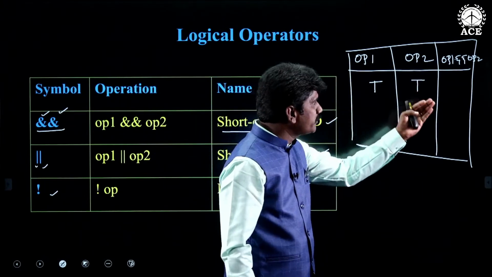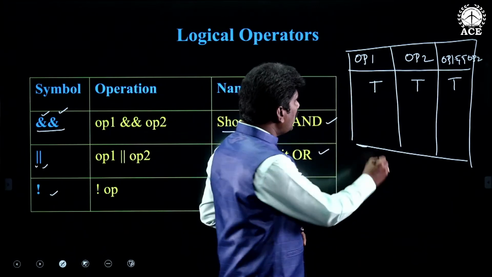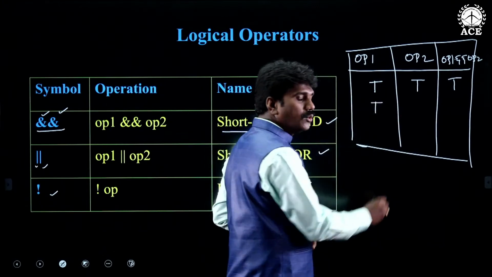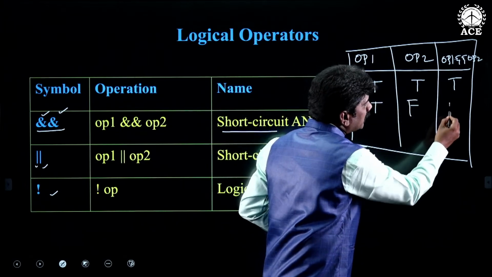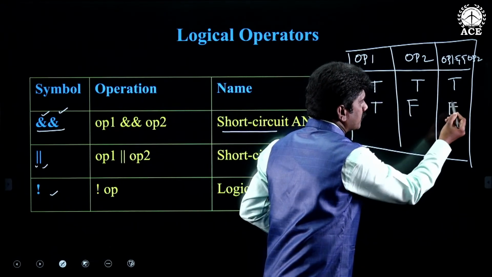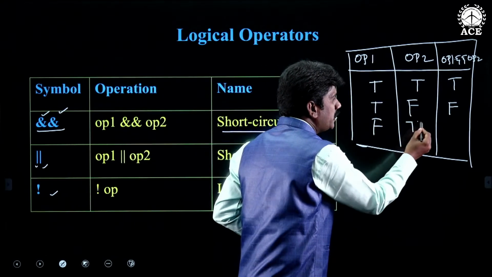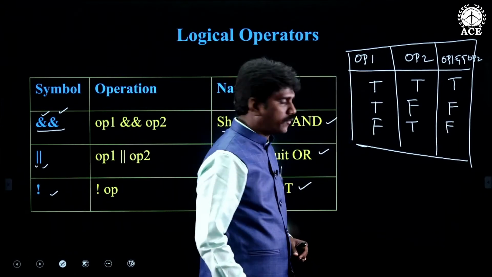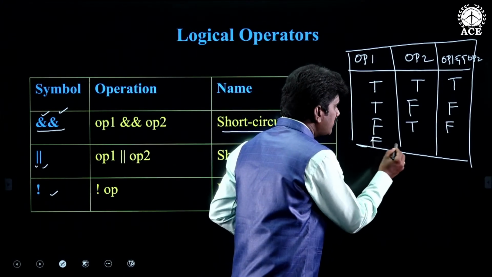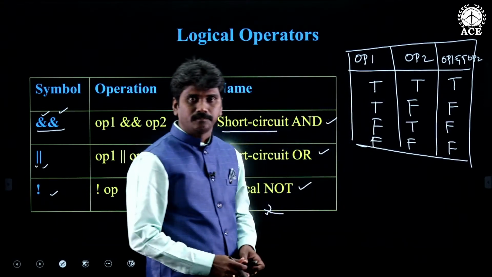In this case, what is going to be the result? The result is also true. Whenever we take operand 1 true and the second one false, in that case the result is going to be false. If operand 1 is false and operand 2 is true, in this case also the result is false. If both the operands are false, in that case also the result is going to be false.